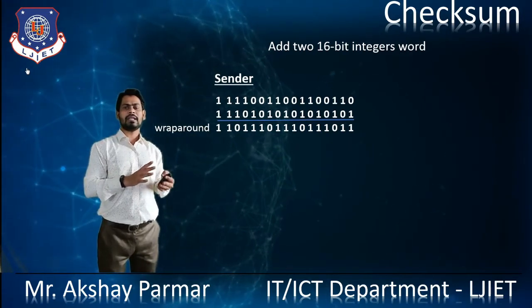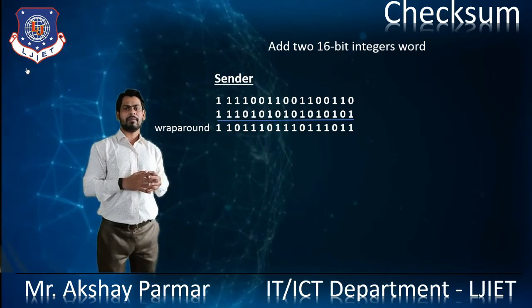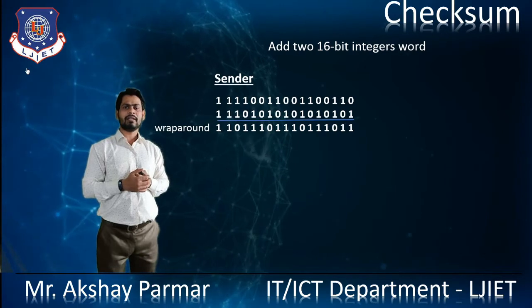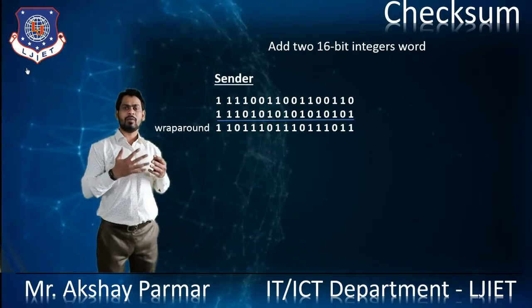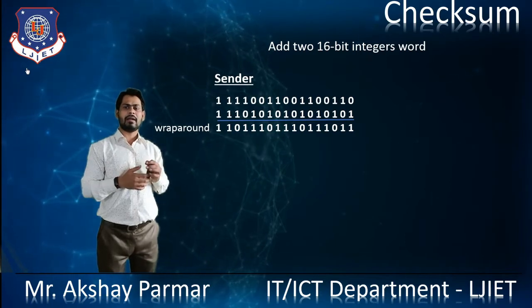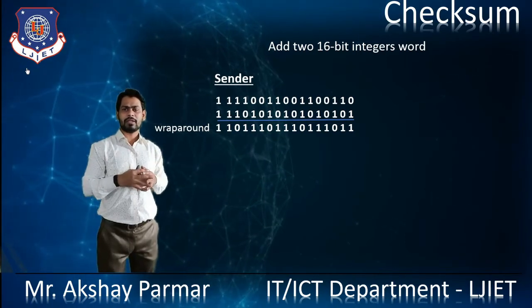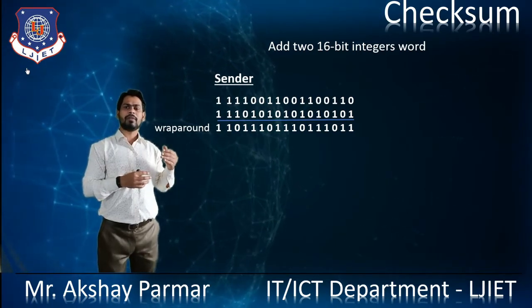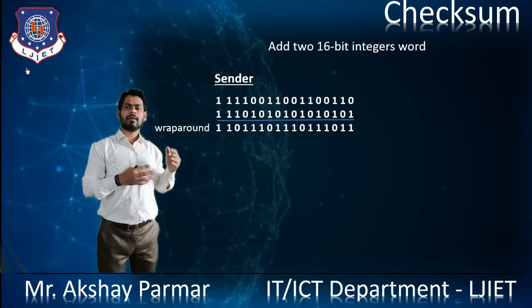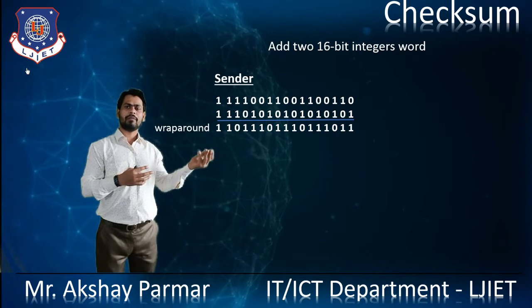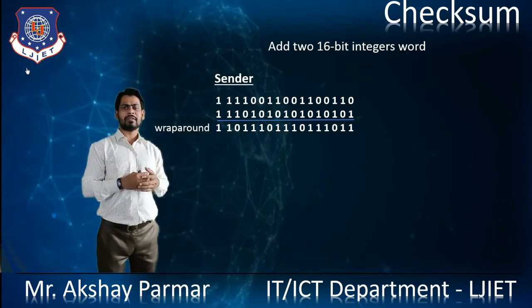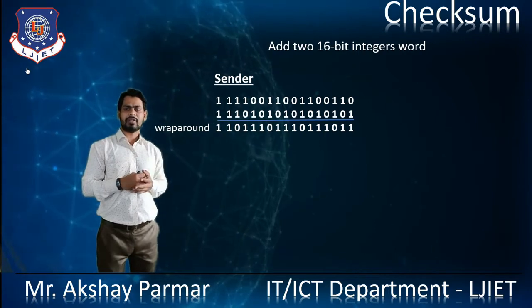That's how we get the fourth last digit as 1. That's how you can get the whole sequence, seeing how the two integer numbers are added. After adding the two sequences, the answer is 1 0 1 1 0 and so on. The first digit is the carry forwarded during the addition.